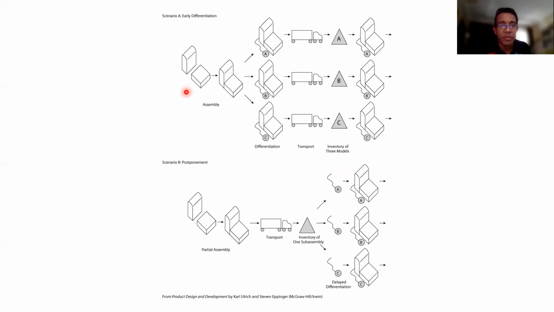For scenario A and scenario B, you can see the difference. In scenario A, they assemble the printers, then transport according to country: for country A, they transport to the inventory for A. For country B, they do packaging and transport to the inventory at B. They transport to the warehouse at place C. This is done at early differential.